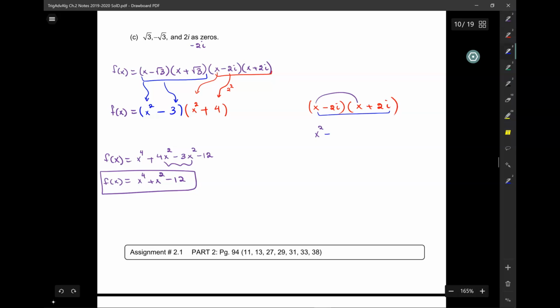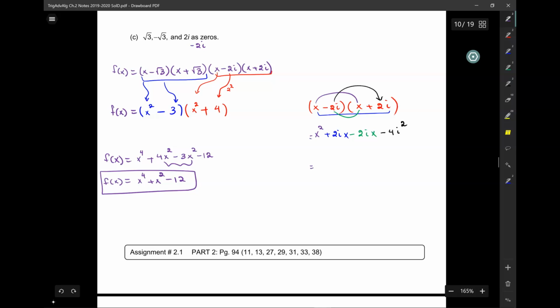Outer terms, plus 2ix. Inner terms, negative 2ix. Last terms, you get what? Negative 4i squared.